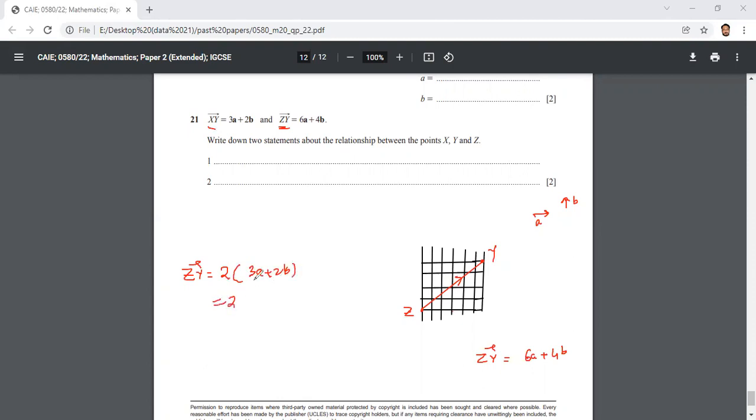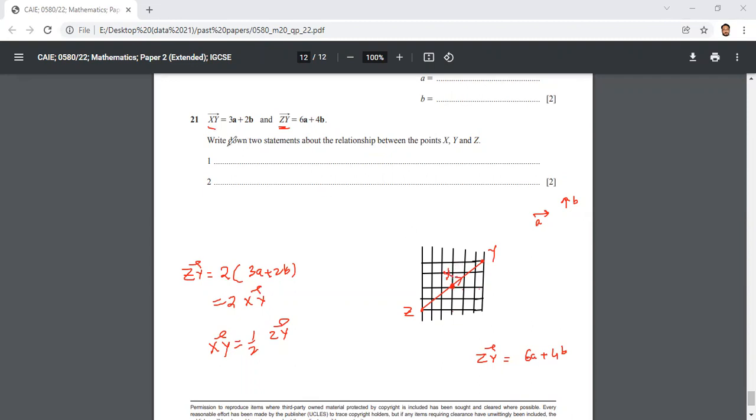So this is 3a plus 2b, exactly xy. So xy is half of zy, meaning exactly the middle of zy. If we check the exact middle, 1, 2, 3, here is a point: 3 units right and 2 units up. So this is the point x, which is exactly the middle.